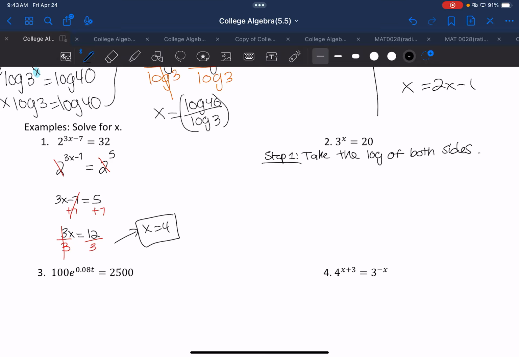I'm going to do one with the ln, but I'm just going to use log for this one. And so that would be log of 3 to the x is equal to log of 20. It doesn't mean log times 20. It's log of 20. The 20 is inside the log function.